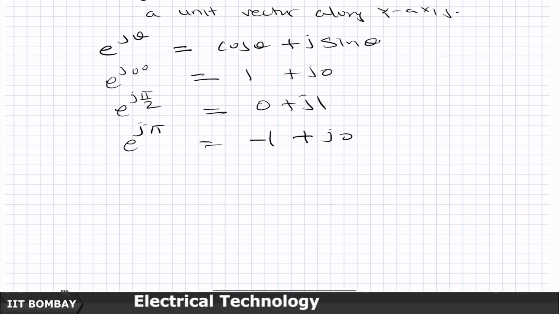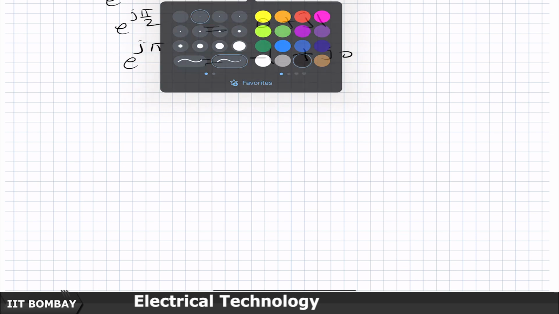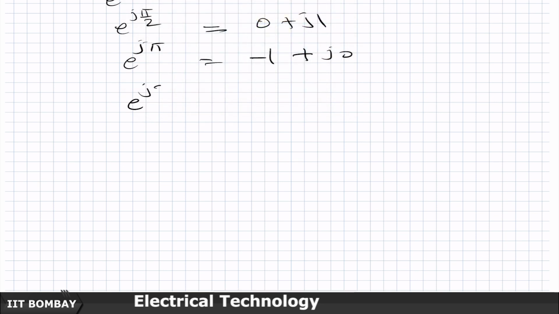So, it is minus 1. And if you take it as e to the power j 3 pi by 2, then in similar lines it is going to be equal to 0 minus j times 1.